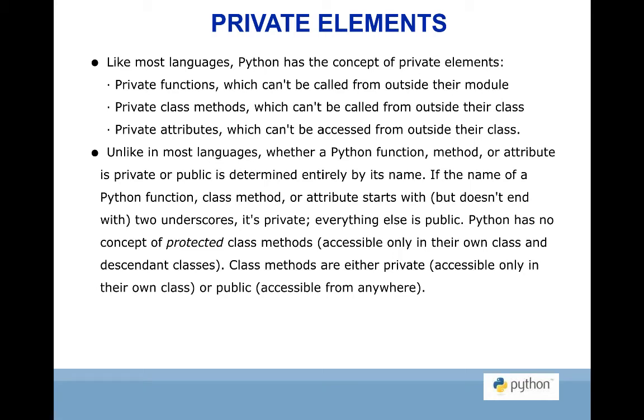In this section, we are going to study the private elements in object-oriented programming. If we have some background of C++, we would have seen there are three types of elements or attributes: private, protected, and public. However, in Python's design, there is no concept of protected variables at all.